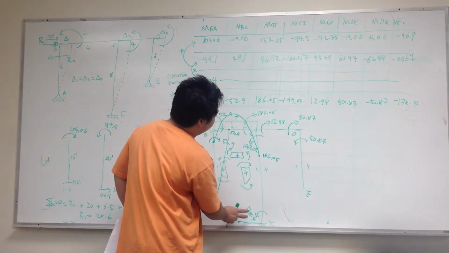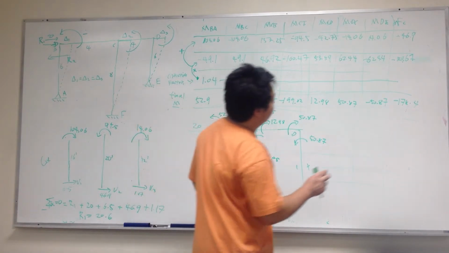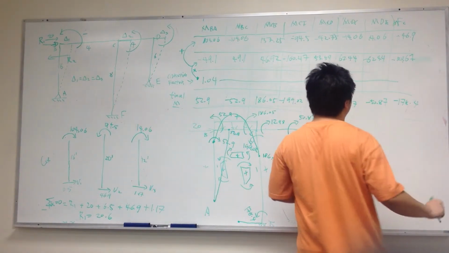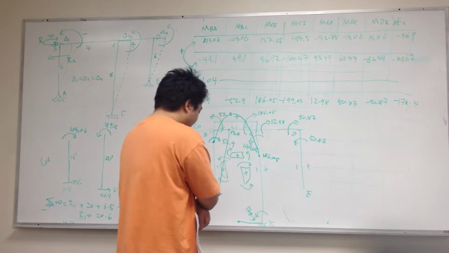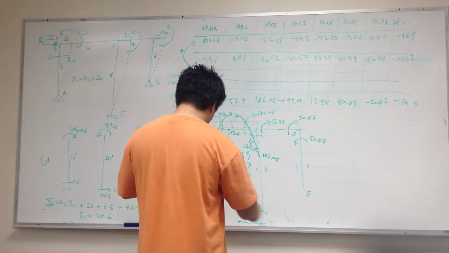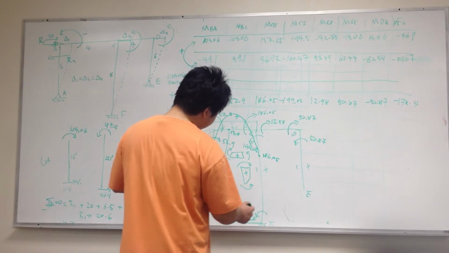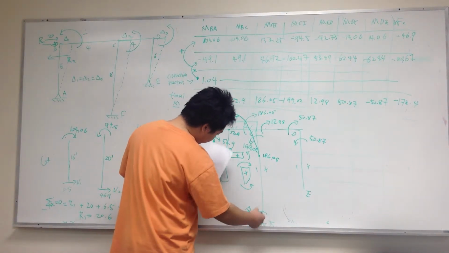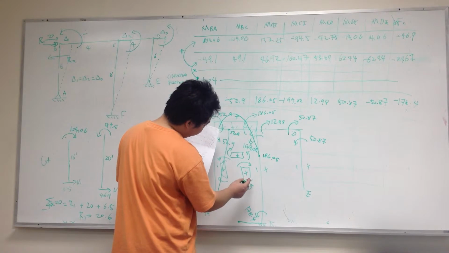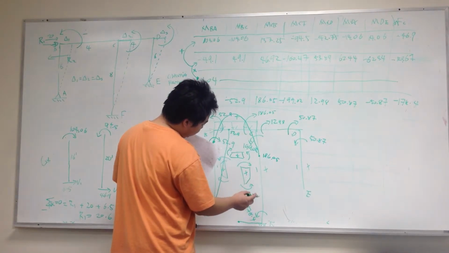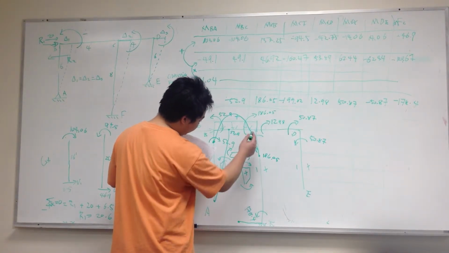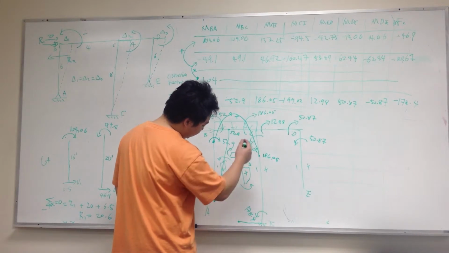This is FC. FC is counterclockwise. Turning this way. So if this is negative side, FC, turning this way.